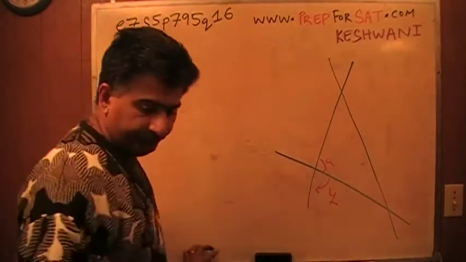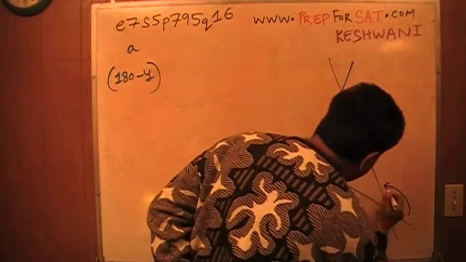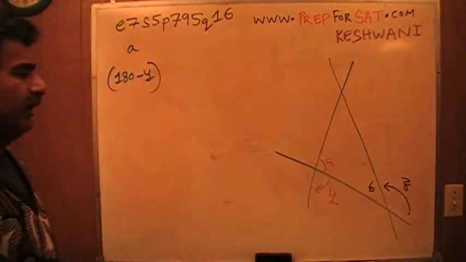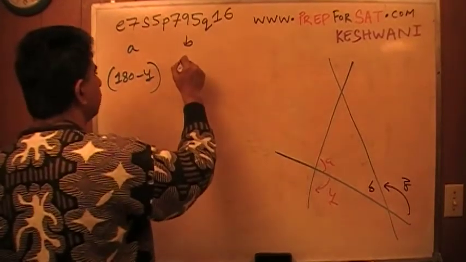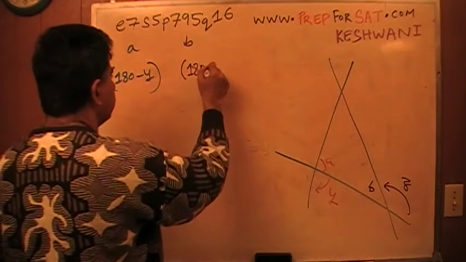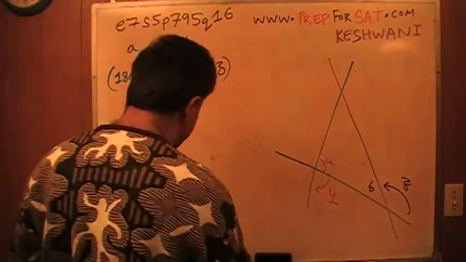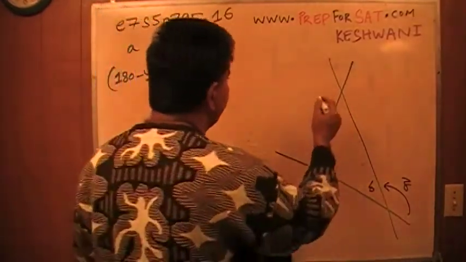Let's move on then. They tell you that this is z. If that is z, how much do you suppose angle B is equal to? Angle B must be equal to 180 minus z. And finally they tell you that this angle over here is 115.